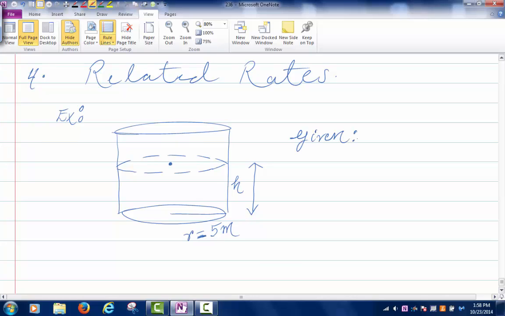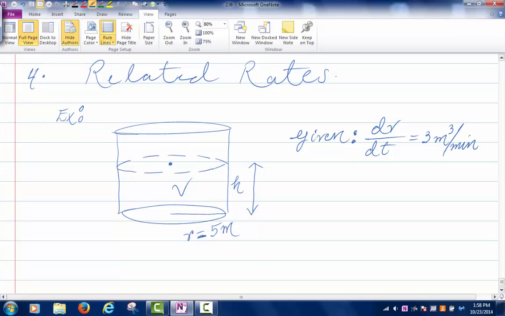Okay, and what we are given is that because you are filling the tank with water, the volume of the water is increasing at a rate of 3 meter cube per second. Okay, so that means the rate of volume of water is 3 meter cube per minute.